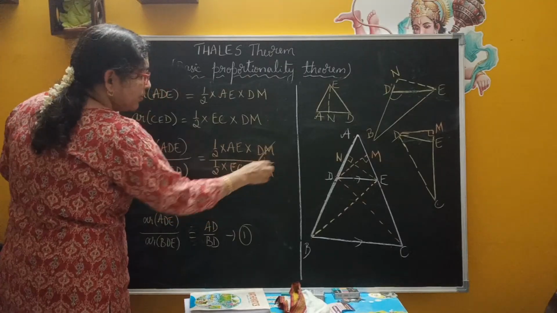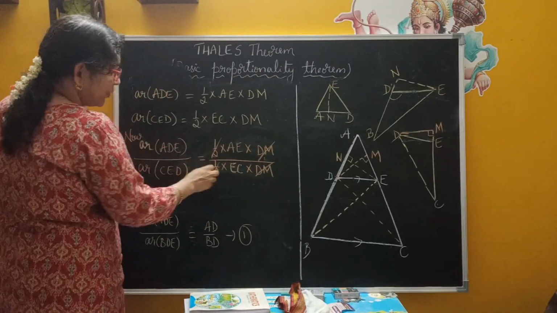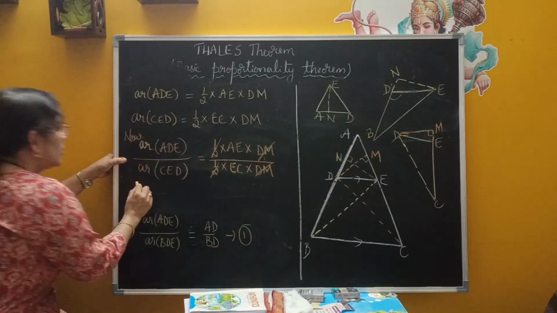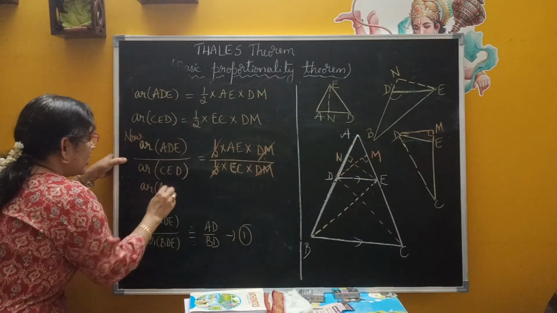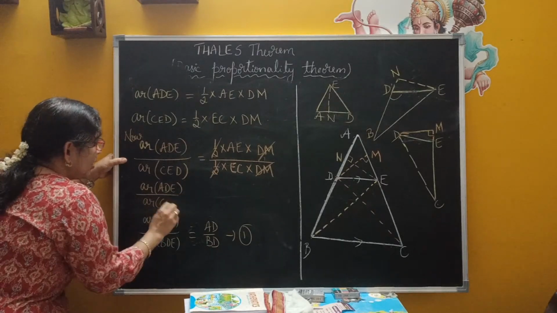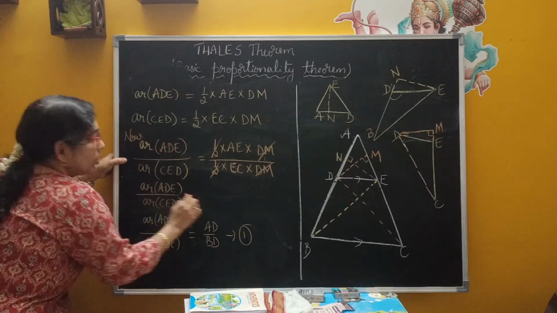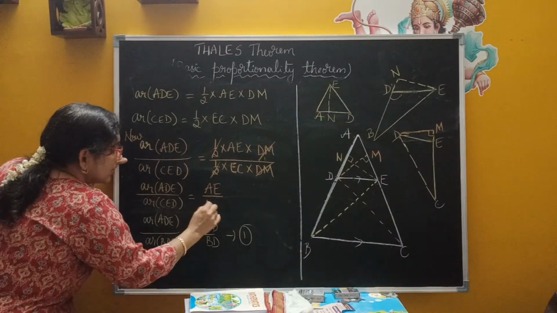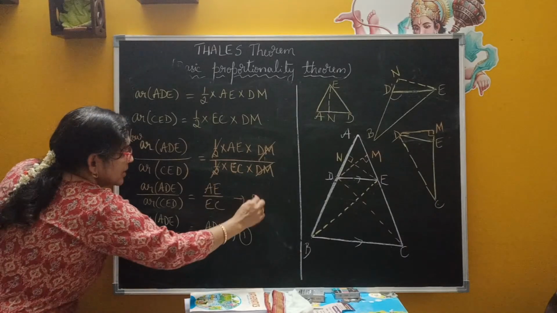So DM gets cancelled, half gets cancelled. So what remains? We get area of ADE by area of CED is equal to AE by EC. This is the second equation.